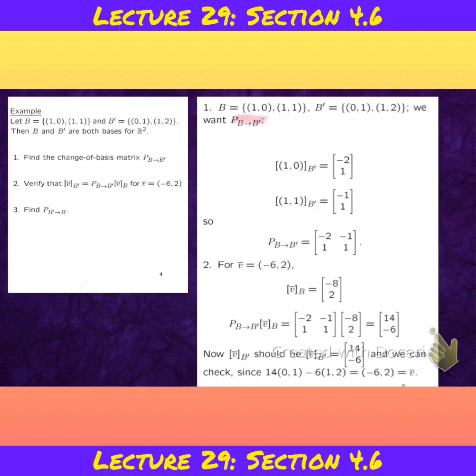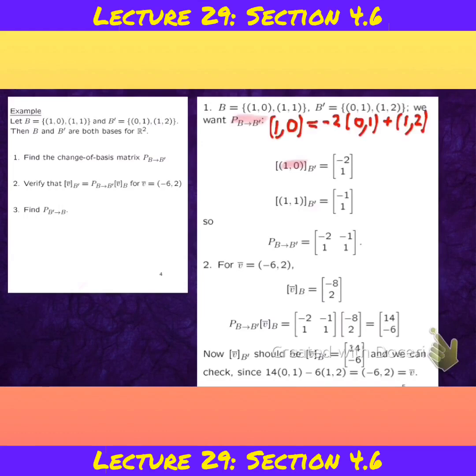So we need to take the vectors in B and write them as linear combinations of the vectors in B prime. So we take the first vector in B, which is 1, 0, and we find the coordinate vector of 1, 0 in terms of B prime. So we're going to take 1, 0 and write it as a linear combination of the vectors in B prime.